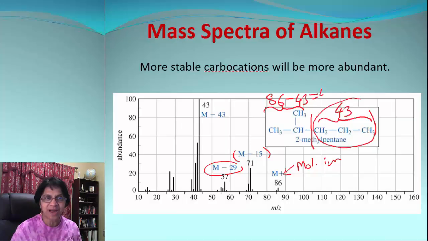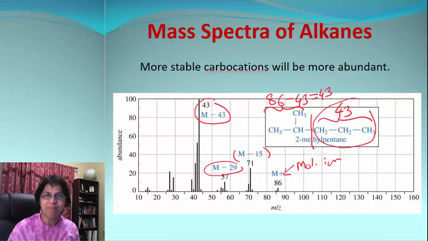The total when we subtract comes to 43. So in this case, both the fragments are equal to 43. See what happens? There is the peak 43. It corresponds to 43 itself as one fragment, and 86 minus 43 as the second fragment. Since both the fragments have the same mass, that becomes a base peak with almost 100 percent.